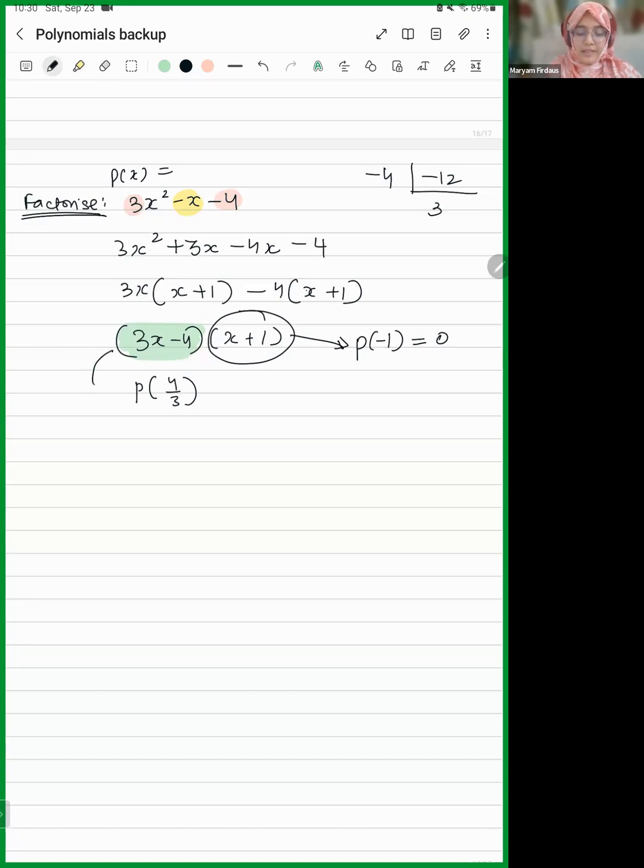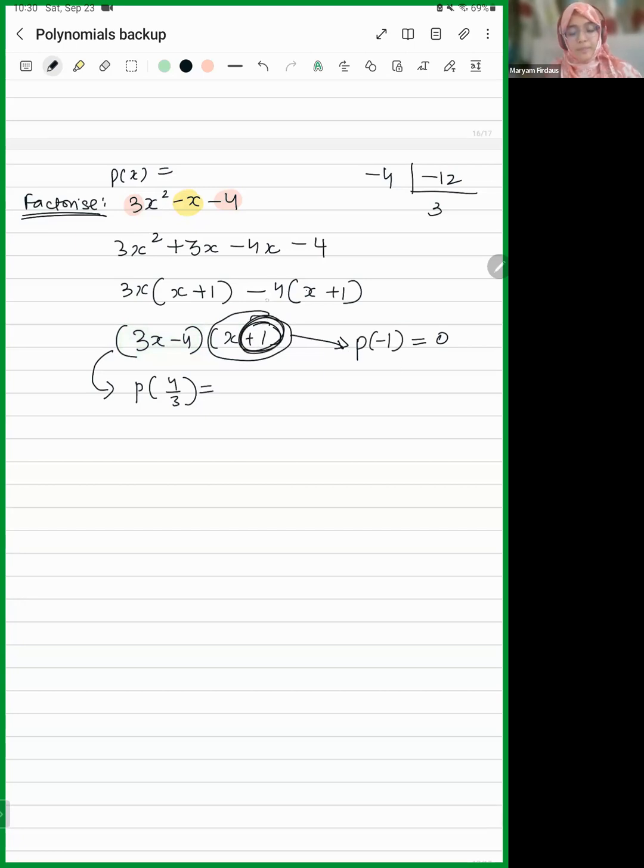So from here we can say that p of 4 by 3 will be 0. Again, just the same thing. These are two factors, na? For this factor, I am saying that because of this factor, p of minus 1 is 0, right?